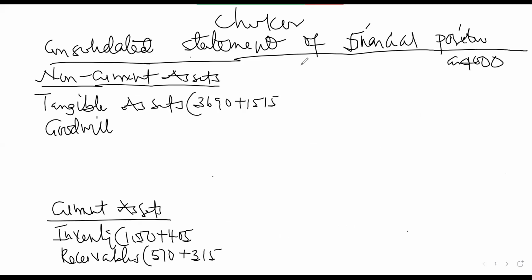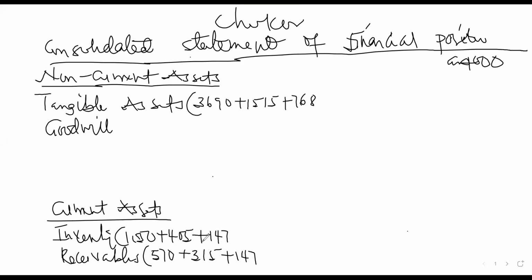Okay, so what is their tangible asset? 768. Okay, their inventory is what? 195.